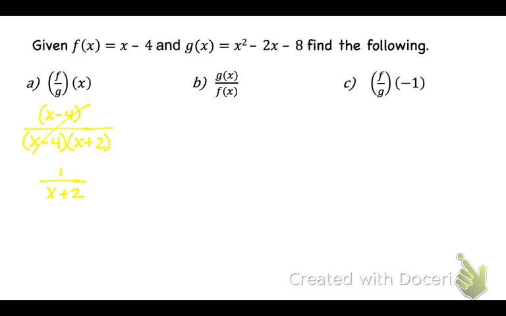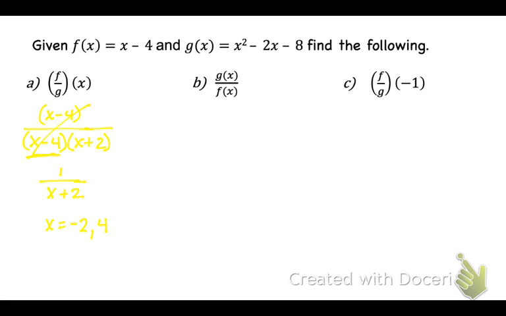Did you get 1 over x plus 2? Okay. Because that was f divided by g. What's b asking me to do? Oh, what can't x be on the first one? -2. What about positive 4? Can it be positive 4? No, you look at it before the reduce. Yep, we have to do it before.